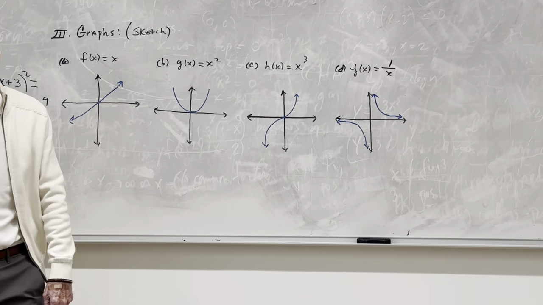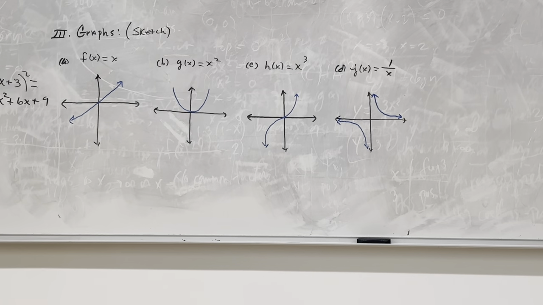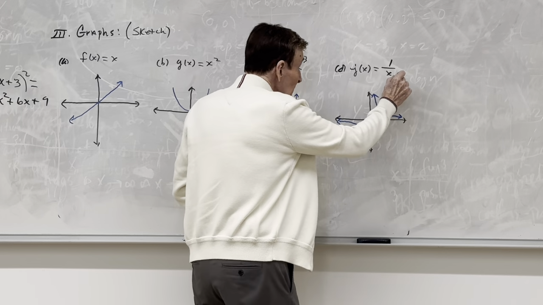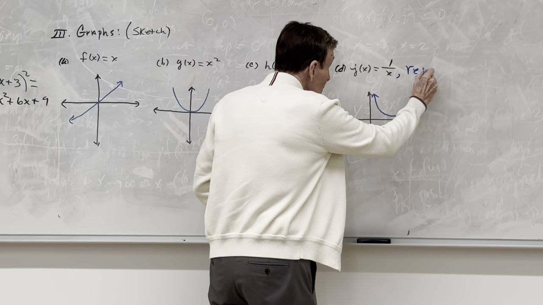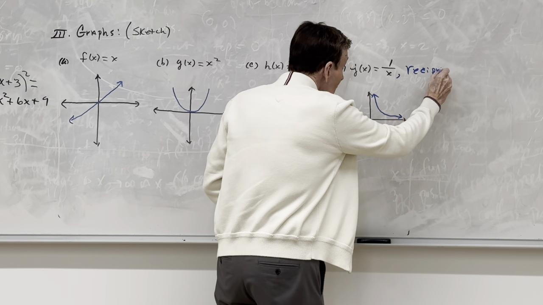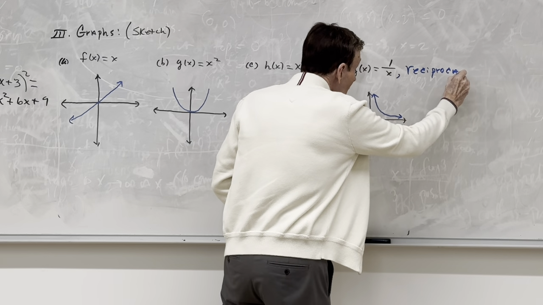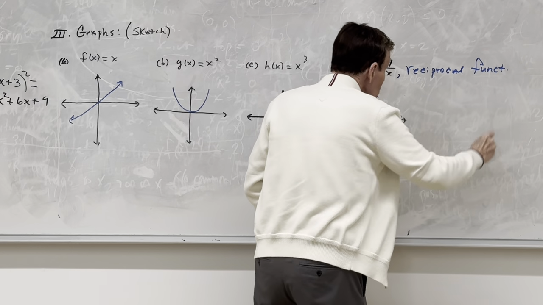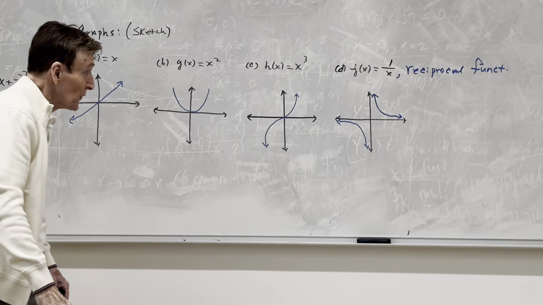Yes or no? Now, I'm just getting the basic graphs out of the way. By the way, this is sketching 1 over x. Some textbooks will call this the reciprocal function. That's the way the reciprocal function looks.